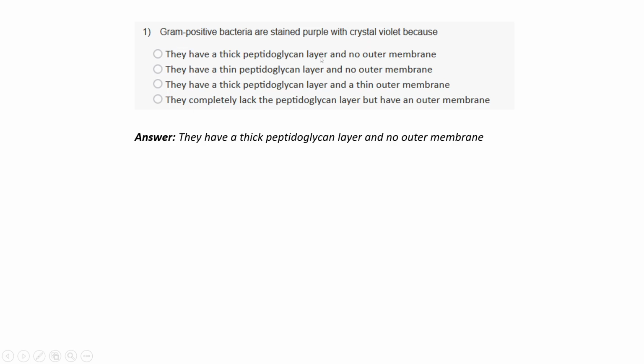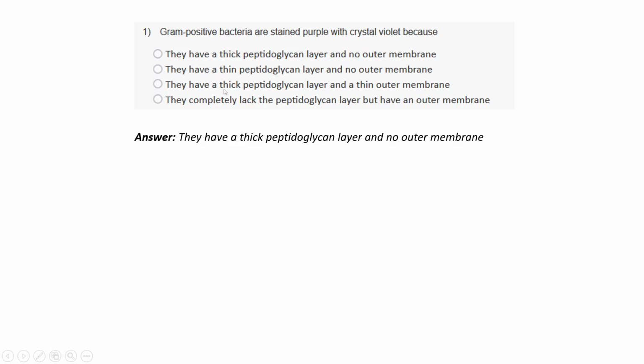They have a thick peptidoglycan layer and no outer membrane. Now if I talk about gram-negative bacteria, why are gram-negative bacteria stained pink?